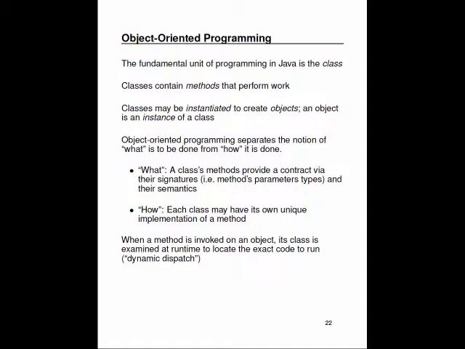And this dynamism is enabled by a feature of the language called dynamic dispatch, meaning that when you call a method on an object, the decision as to what code is actually invoked, which implementation of that method is actually invoked, is left until runtime instead of compile time. Right, and this is different from C, for instance.